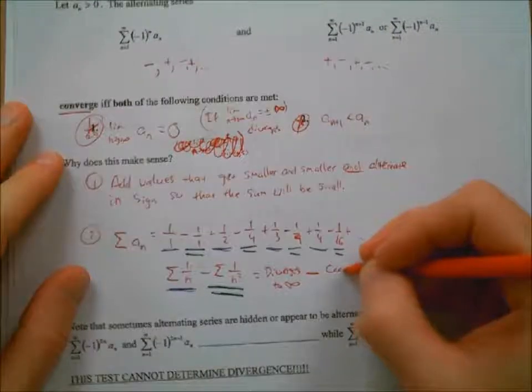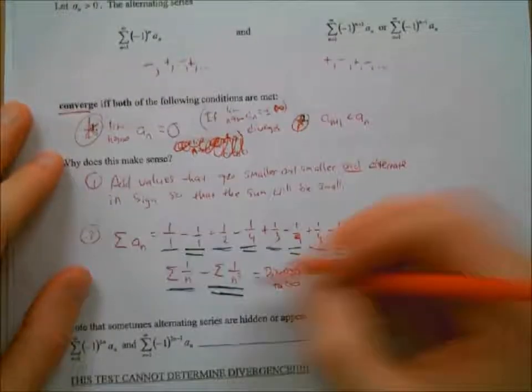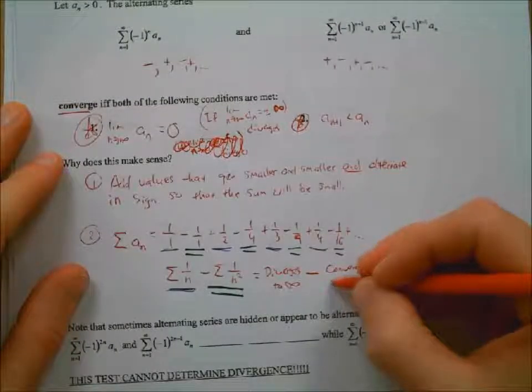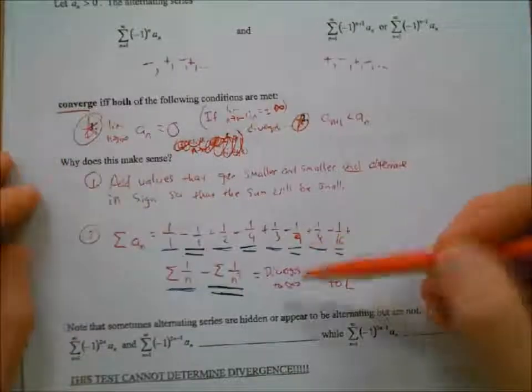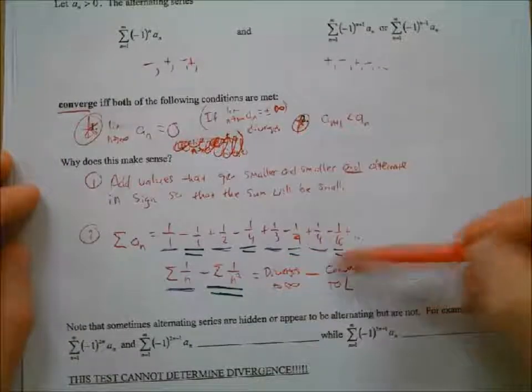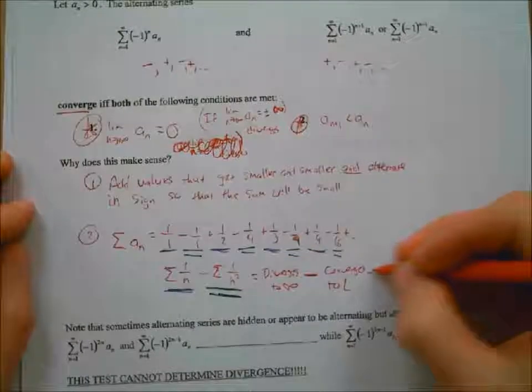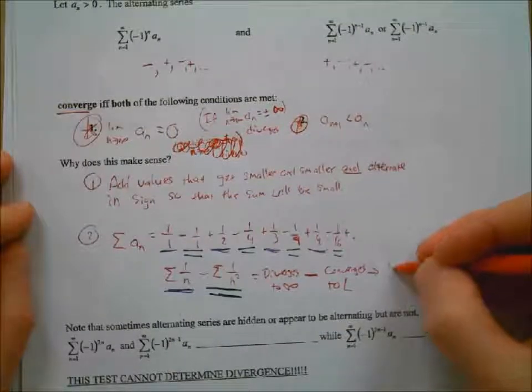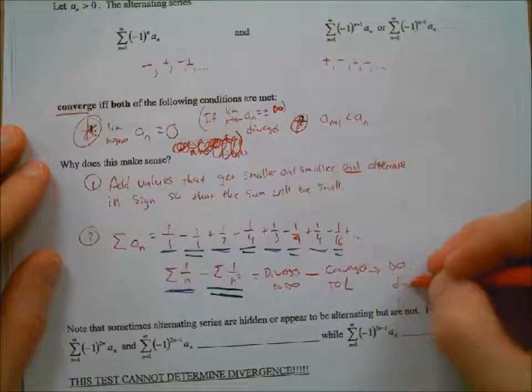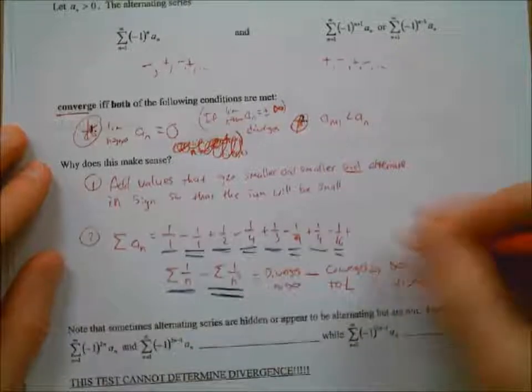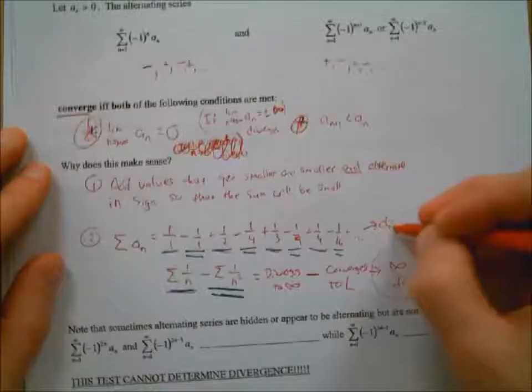Converges, right, because p is greater than 1 there. And so it converges to some number L. Now, if you take something that's infinite and you subtract something that's finite, what do you end up with? Infinite still, right? And so overall, this thing is going to diverge. Okay, this will diverge. Question?